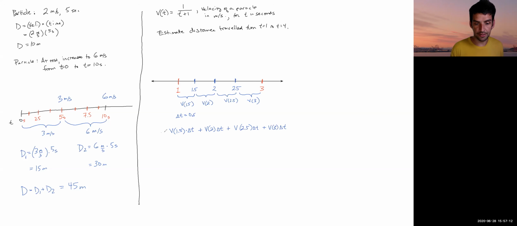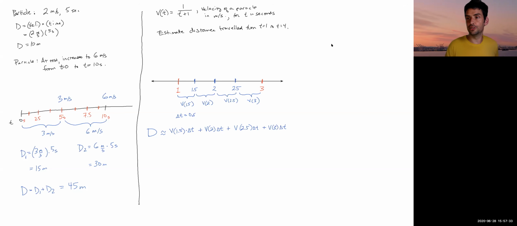And this is my approximate distance. Let's just use D for that. The distance traveled during those 2 seconds. Again, it's an approximation.